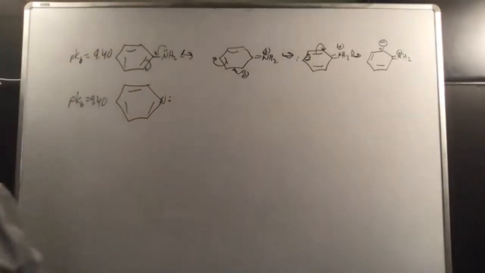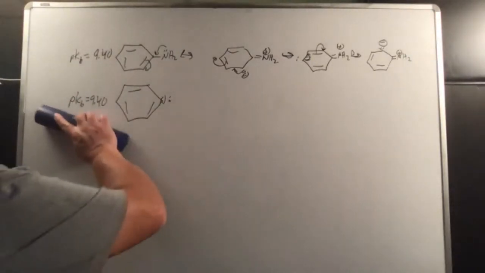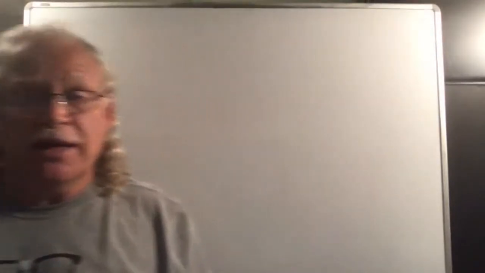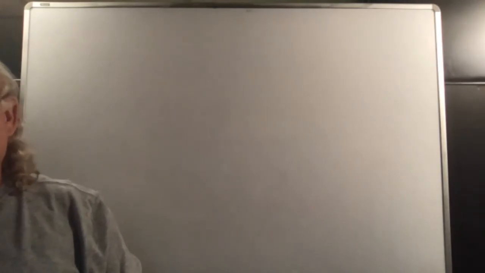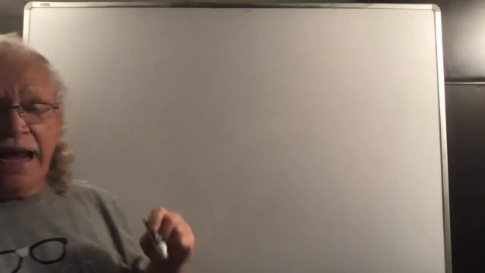Whenever you see a nitrogen atom attached to an aromatic ring, it's not as basic as you would think it would be. And again, this comes into play when we get into amino acid chemistry and everything later on. Okay, now what about the different anilines?